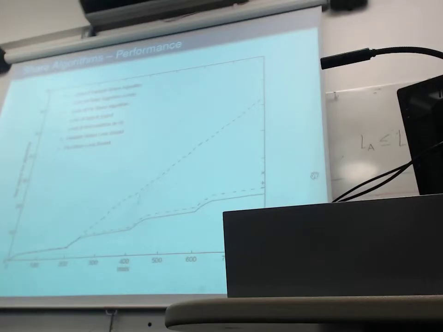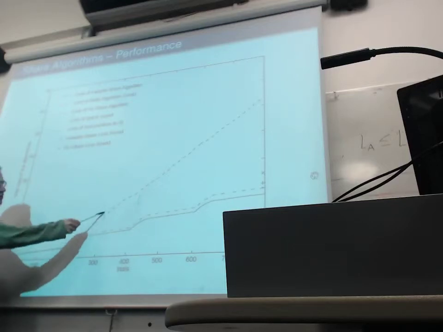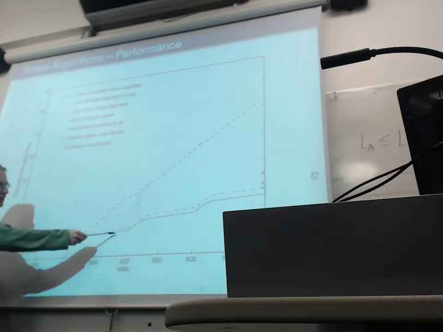I plotted 3 algorithms. Let's only worry about 2 of them. The 2 basic algorithms I compared are an algorithm without this sharing update, and an algorithm with the sharing update.